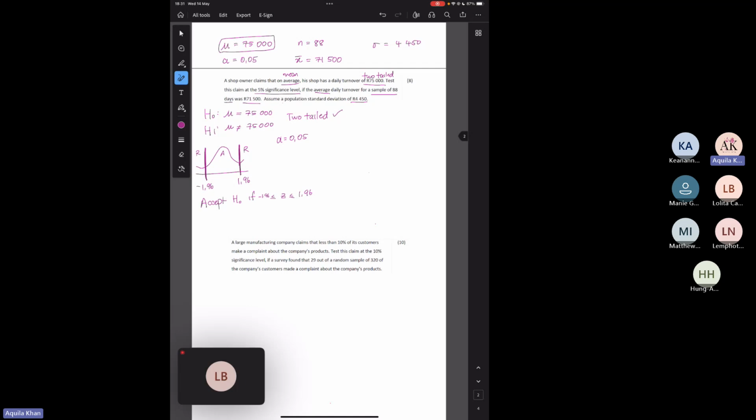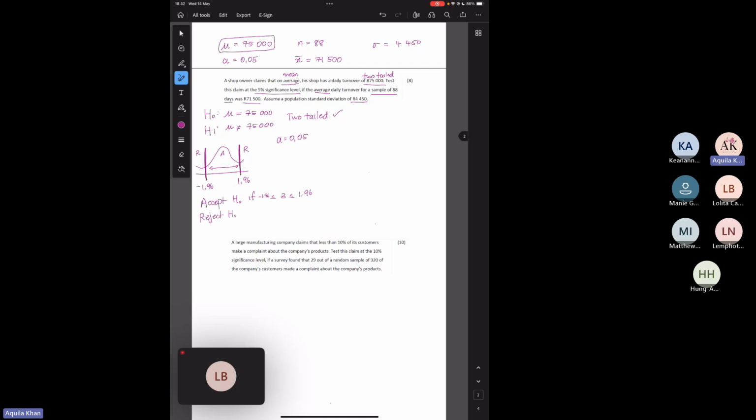So what this is basically saying to you is that you are covering this region within the acceptance portion on the diagram, which is saying that you should accept the null hypothesis if you find that when you calculate the test statistic, it is equal to or lies within those values of a positive 1.96 and a negative 1.96. So this is your region of acceptance, and then your region of rejection.